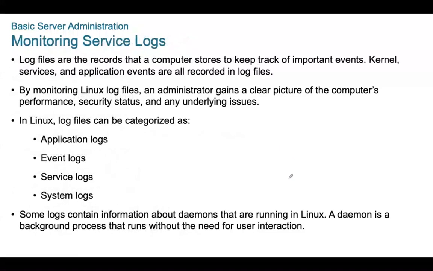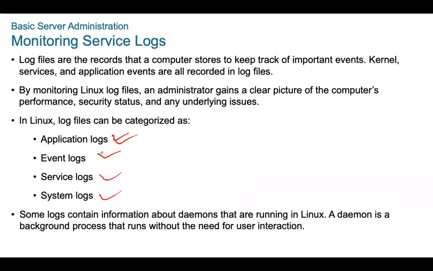right? Then monitoring the service logs. To monitor these service logs, we use log files that can be categorized as application logs, event logs, service logs, and system logs. If you categorize them, it is easy for you to check the alerts. Because you are restricting the services on the servers, if it is a web server, only web applications will be there. So web application logs will be registered in this file.